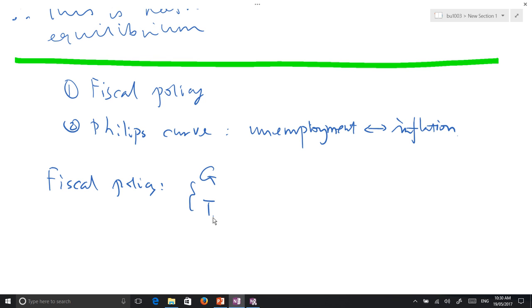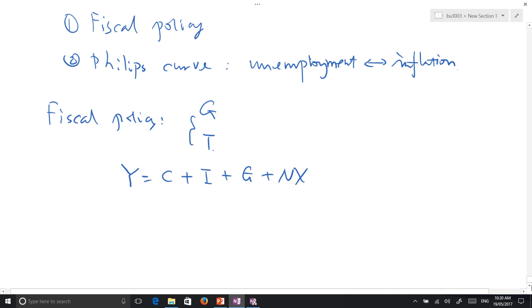So we know that aggregate demand is composed of C, consumption, plus I, investment, plus G, government spending, plus net export. So suppose the decision is to increase spending by $1.